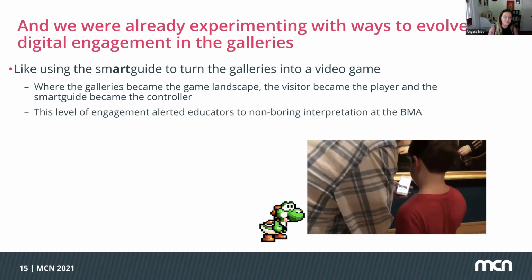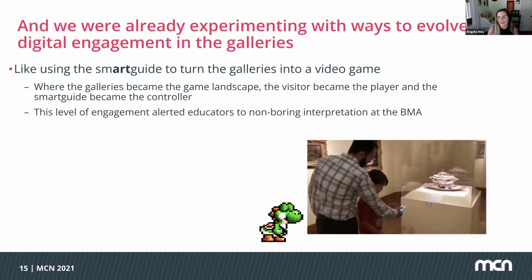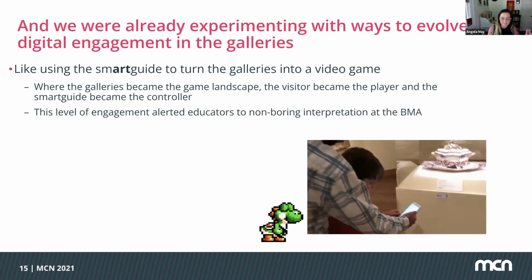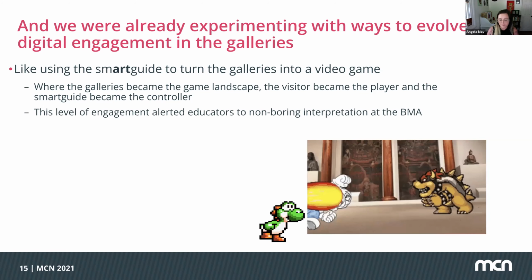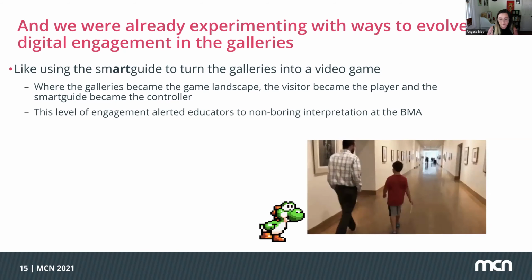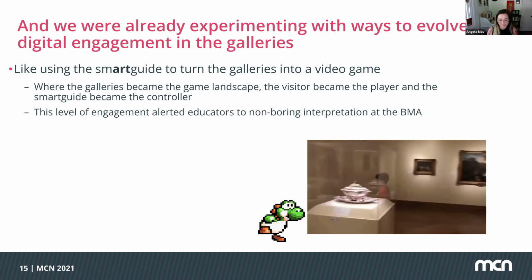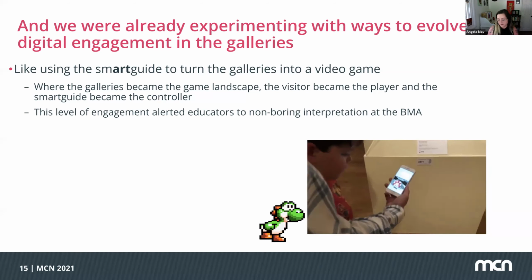And this level of engagement alerted educators to non-boring interpretation at the BMA. What I mean by that is that we value providing multiple pathways to connecting to art. While some visitors want to learn more about a work, others are just looking for an experience where art plays a role but is not being objective.